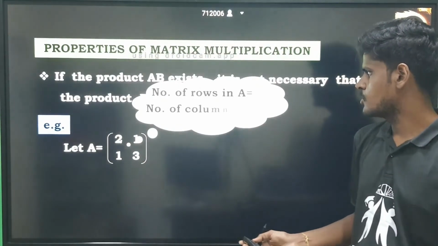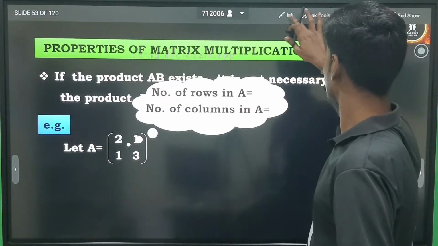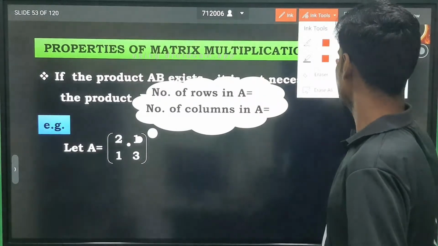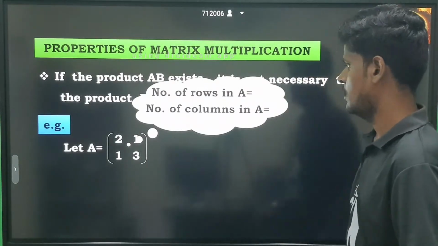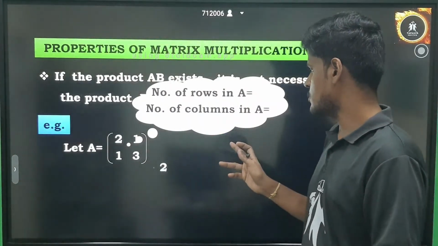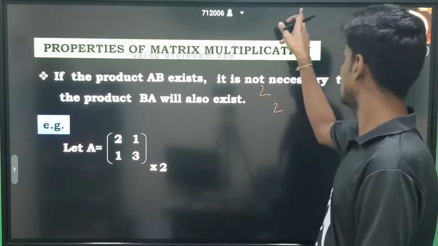Number of rows is 2. Number of columns is also 2. The order is 2 cross 2.